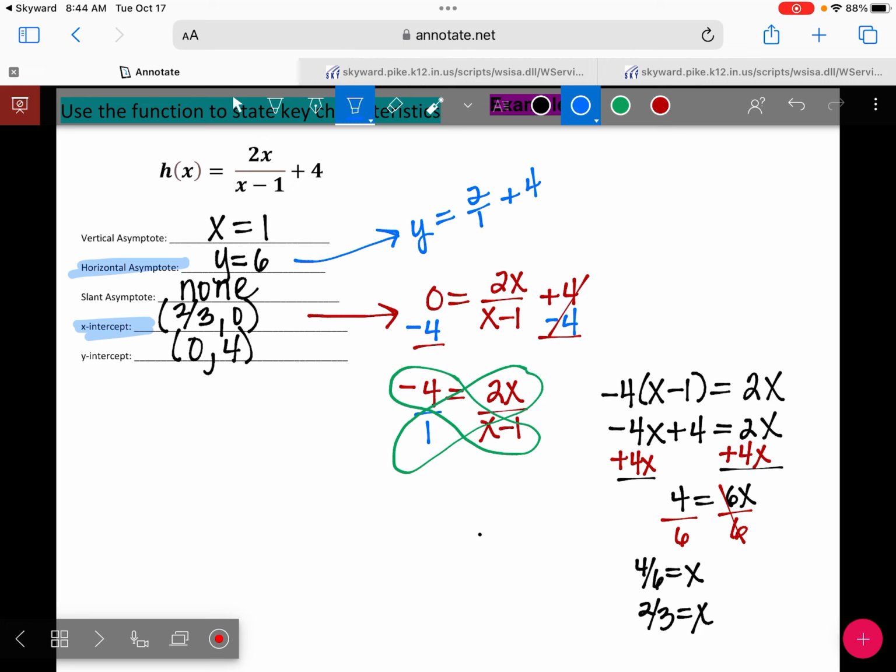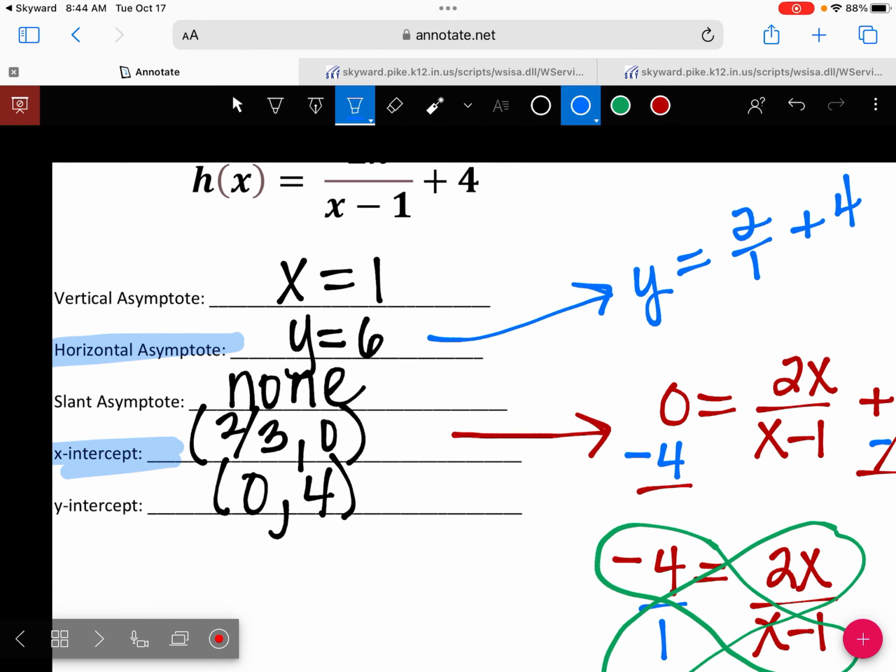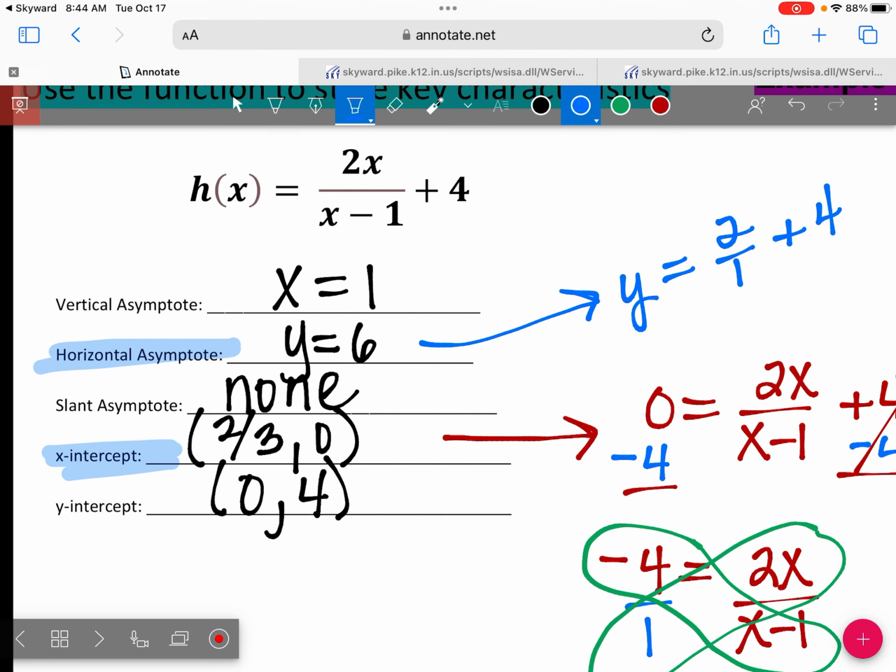So for horizontal asymptote, you have to take into account that because this is balanced, I'm going to start by dividing my leading coefficients like I would normally. So I'm dividing the 2 by the 1. But then I can't ignore this plus 4.